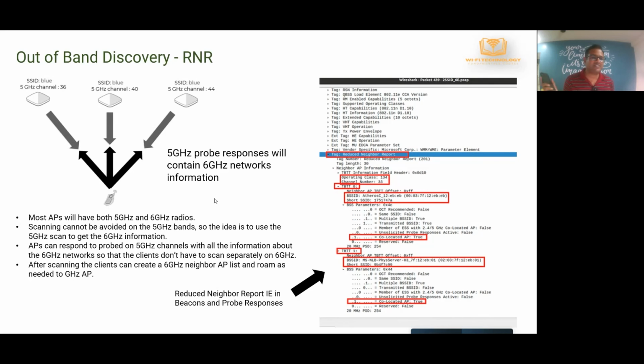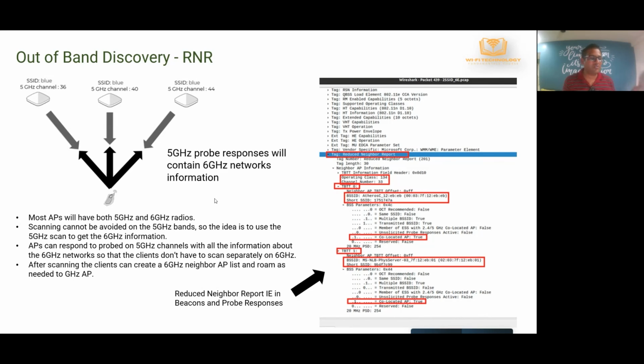So let's say a client is connecting and it connected to the 5 GHz radio on this access point, or it is scanning on the 5 GHz radio on this access point. When it gets the responses from this AP in the 5 GHz band, the AP by that time already knows what 6 GHz channels it's operating on and what SSIDs it has in the 6 GHz.